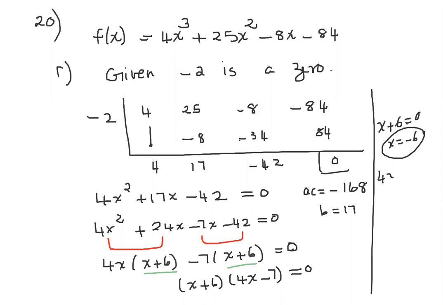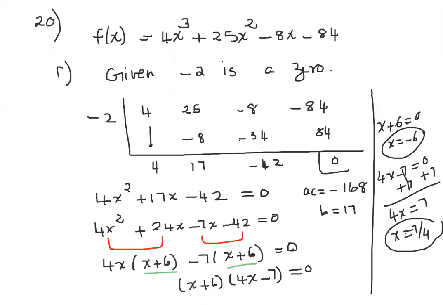And 4x minus 7 equal to 0. So add 7. So we get 4x equal to 7. X equals 7/4. So the zeros are, we can list the zeros here, or the solutions is -2, 7/4, and -6.